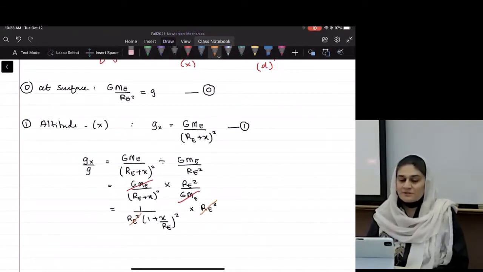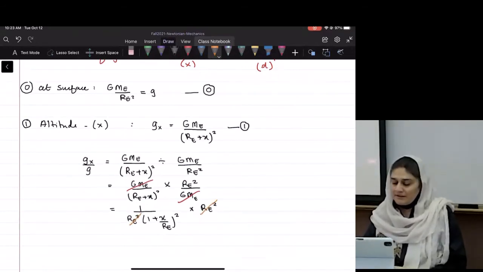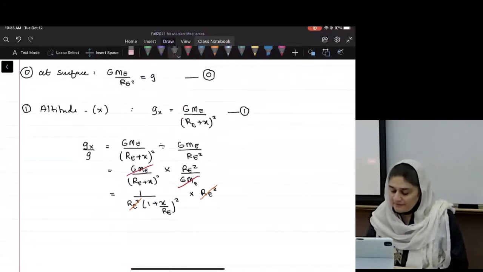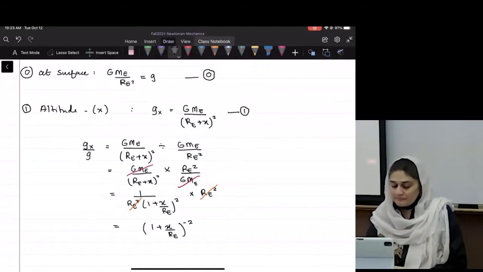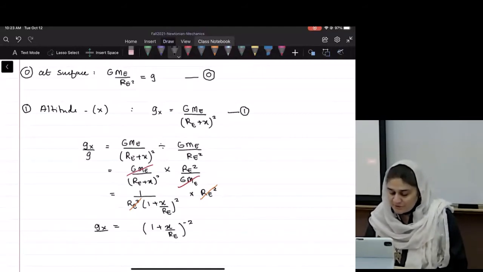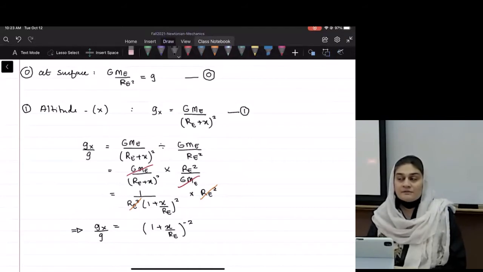May I get rid of these two? Am I left with 1 plus x over R_E to the minus 2? Is this g_x over g still? Okay, so far so good?